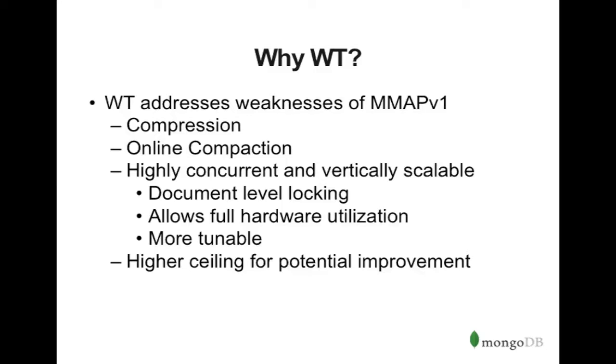So previously, where a CPU is not necessarily an issue, it was not necessarily fully utilized, now we should be able to max out powerful machines. WiredTiger's storage format also allows for online compaction, so you do not have to worry as much about fragmentation. And there's also a lot of features, many more than I can possibly name here, that are included in WiredTiger that have yet to be ported over to the MongoDB integration.